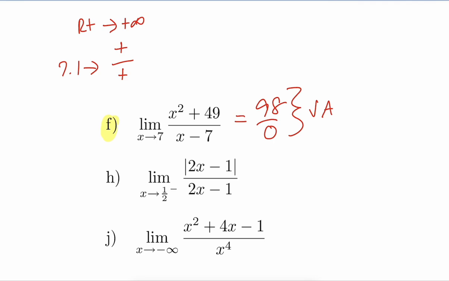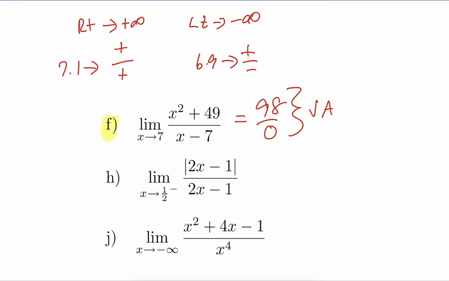But they didn't ask the right side, they asked both sides simultaneously. So now we're going to go to the left side. What's going on on the left side? If you plug in 6.9 on the top, you get a positive. If you plug in 6.9 on the bottom, you get a negative. You're going to negative infinity.